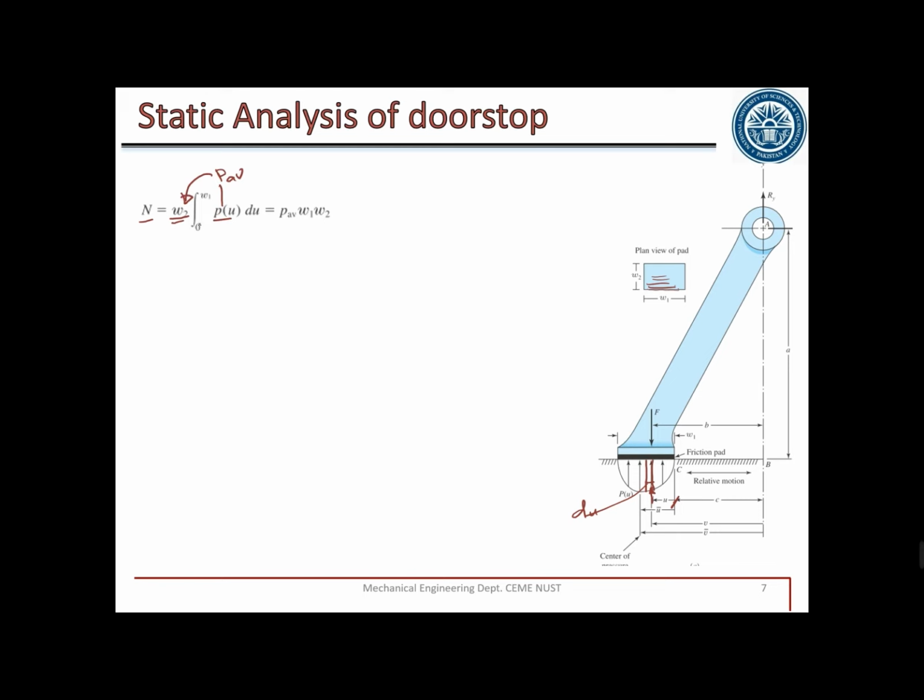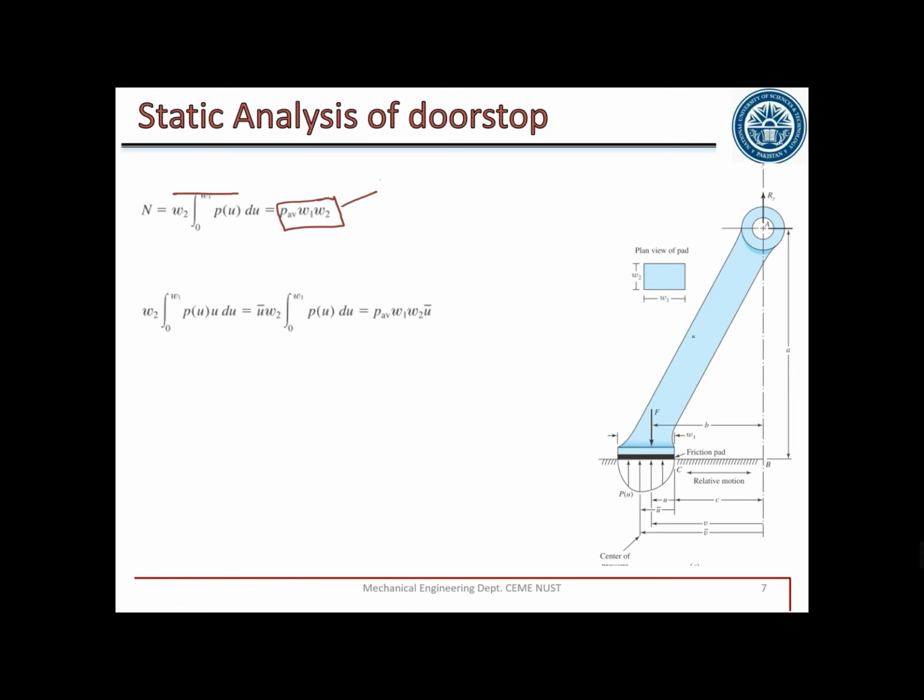We will be left with the integral of du from 0 to W1, which will give us u from 0 to W1, and substituting the values will give us W1. So W1 multiplied by W1 W2 P average will give us this equation. So we will be using this equation if we assume that pressure distribution is uniform throughout the cross section. If it is not uniform, we will be using this equation.